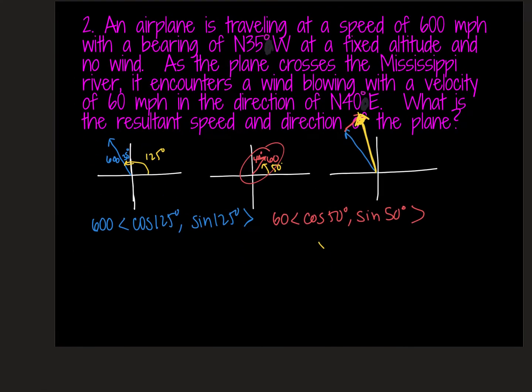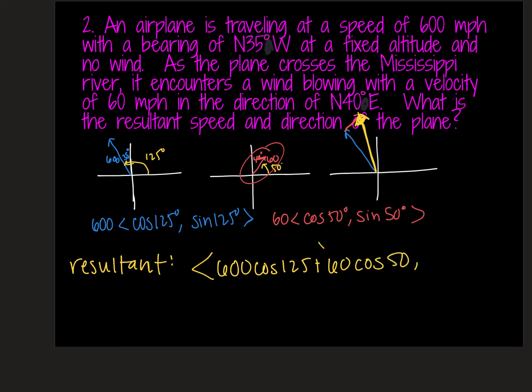But what we're going to do is just add the components together. That's going to give us the component form of that resultant vector. And then we can answer questions pretty easily from there. So adding these two together, I add the horizontals and I add the verticals. So my resultant horizontal is 600 cosine of 125 plus 60 cosine of 50.